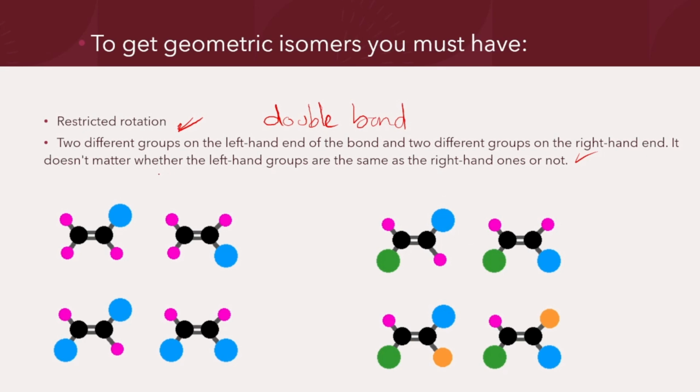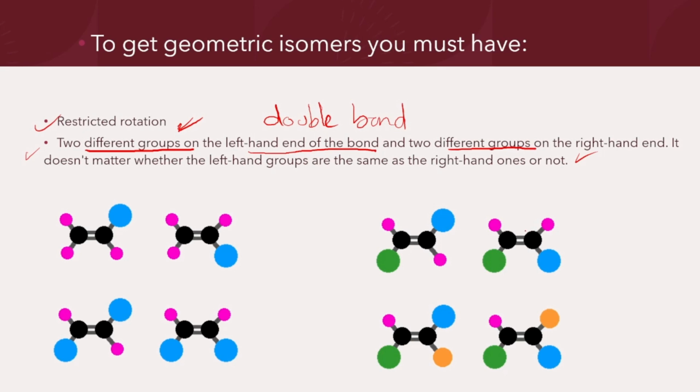What else? What is the other condition that we have to find so that we will have geometric isomerism? One of them is not enough. We have to find both of them. The second thing is that we should have two different groups on the left end of the bond and two different groups on the right end of the bond.